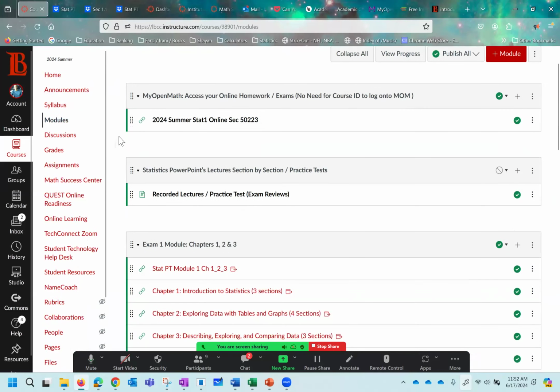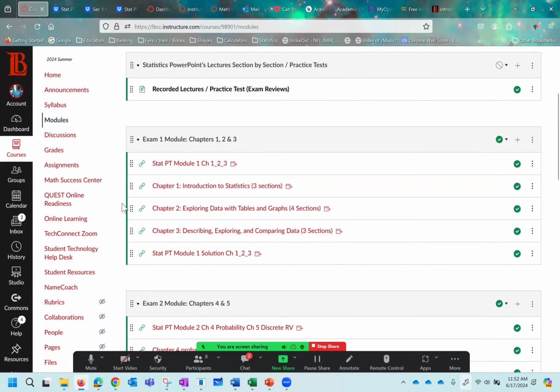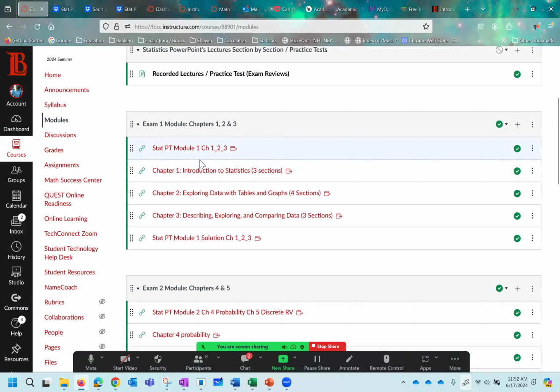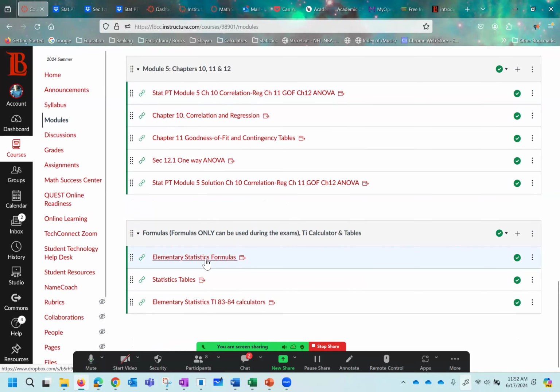My open math, PowerPoint lectures, each module with their PowerPoints, practice test and solution to practice test. And the last one is the resources such as formulas, tables, information about the calculator.